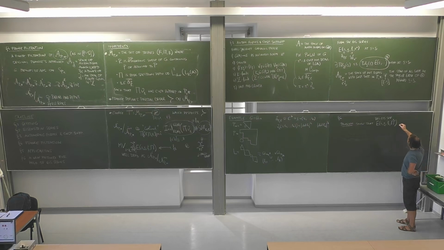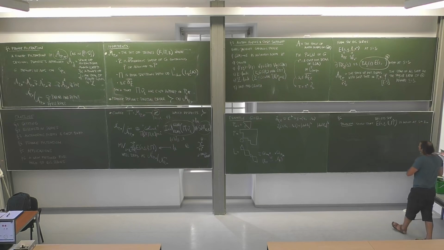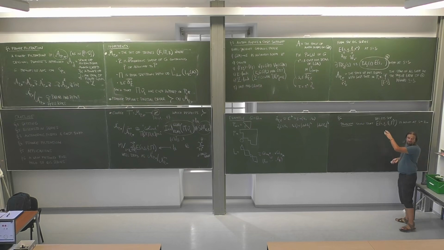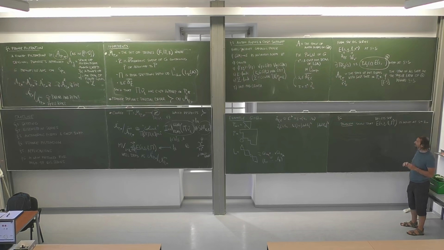Show that this Eisenstein series is holomorphic at z underline equal to some given z0. Let's call it z0 because s0 is the cuspidal support. So I have any degenerate Eisenstein series for any group, and I need to show it is holomorphic at some specific point.